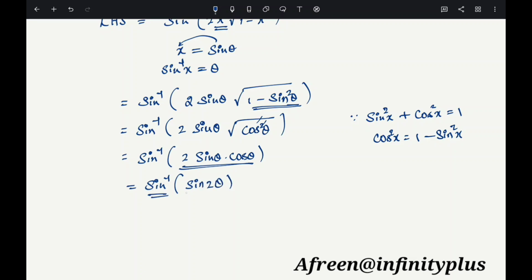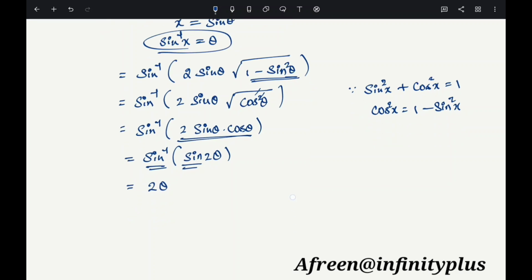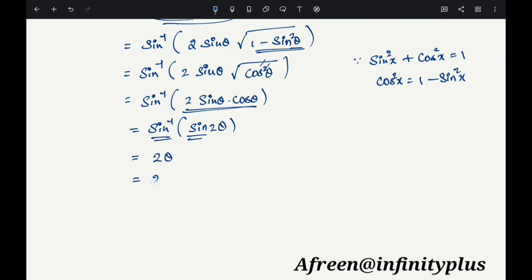Now sin and sin inverse get cancelled since they are inverse functions of each other, and we get 2 theta as the answer. Now we can write theta as sin inverse of x. So we have got the RHS which they asked. So this is the answer for this question.